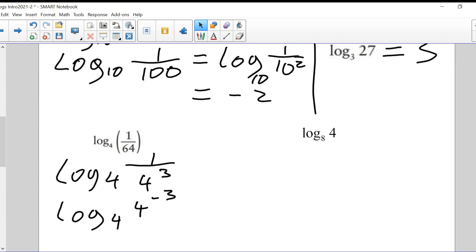And here's something that comes up quite a bit. If I can make the base of the log match the base of the thing that I'm trying to find, then whatever the exponent is, that's the answer. So in this case, the answer is just simply minus 3.